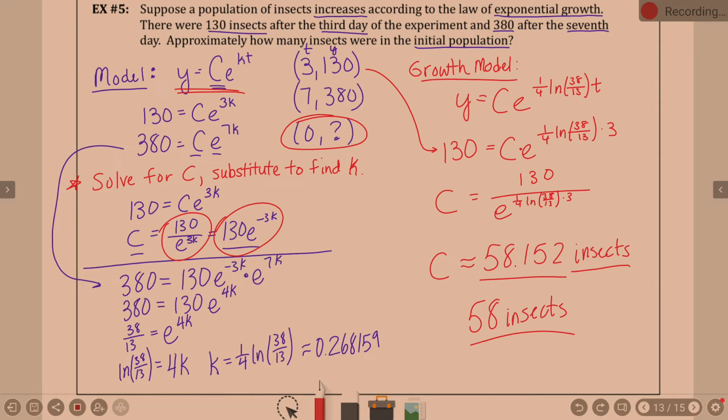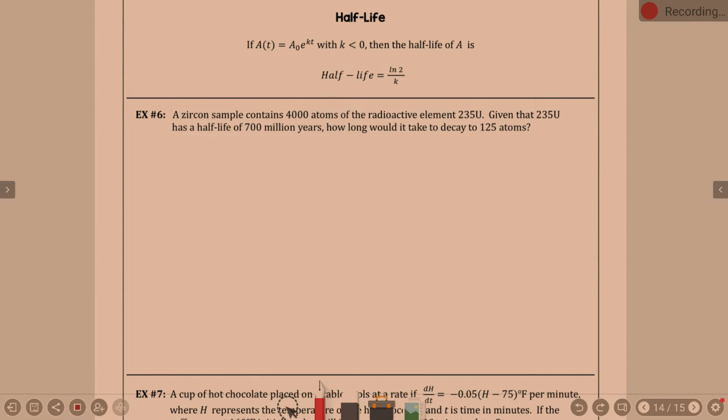Then the last two are half-life, and you have several half-life examples in your homework. Based on the model we've been using, just a different format of it, A of t equals A naught e to the kt, where A of t is the same as y. A naught is the initial A value, so that's what we've been calling C. With k less than 0, the half-life of A is natural log of 2 divided by k.